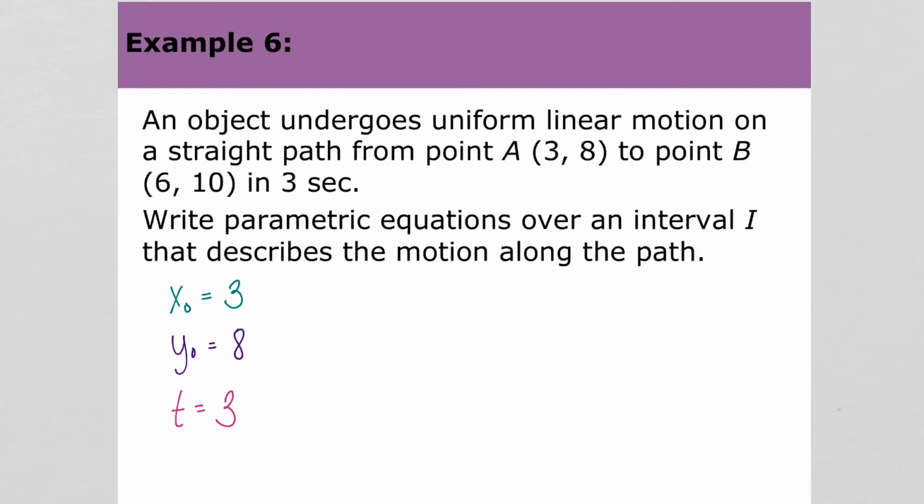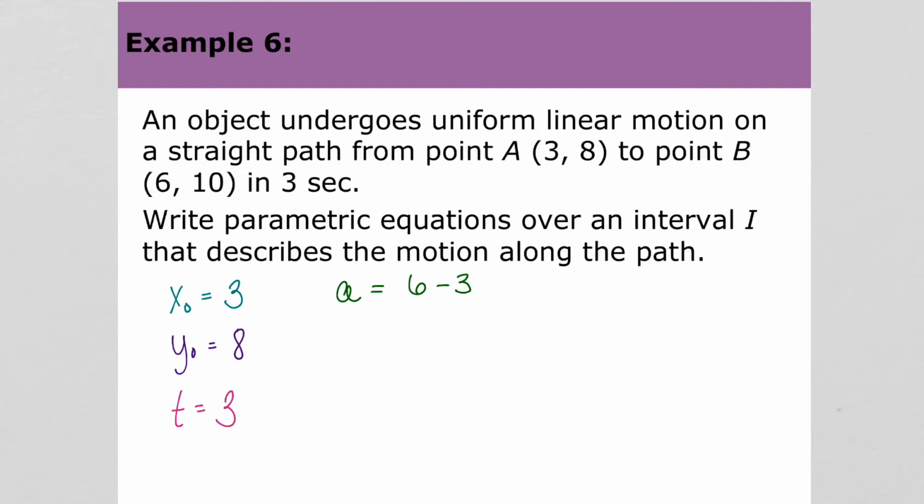Okay, and before we can write our parametric equations, we need a and b. a is (6 minus 3) over 3. Where did I get that from? This x value minus this x value, okay, over the time.